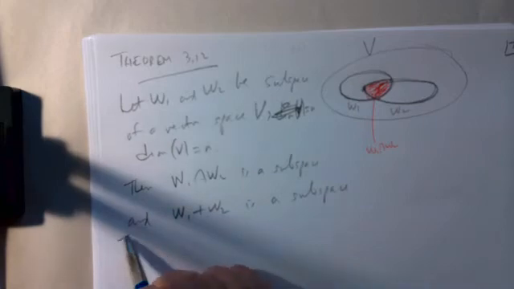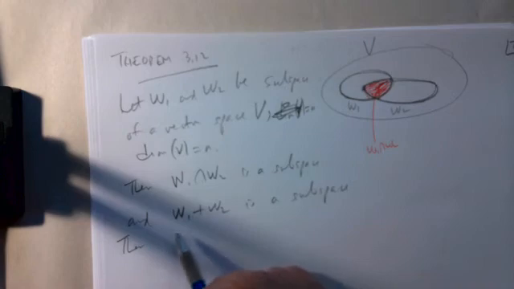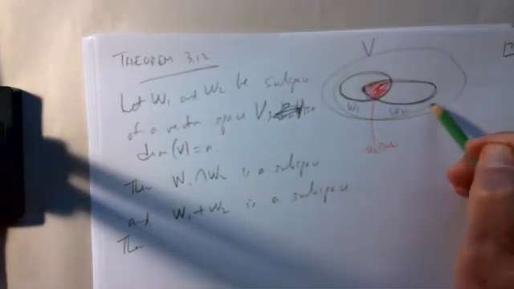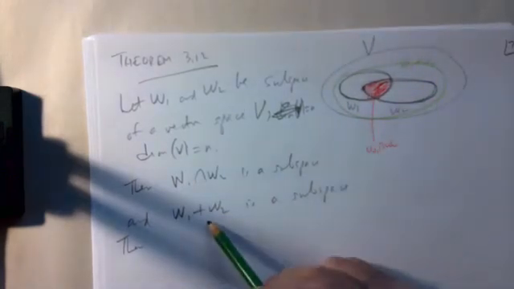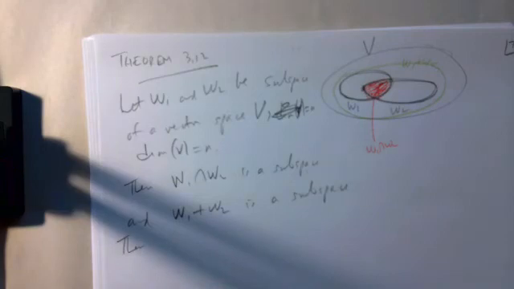So the theorem says that this big subspace, W1 plus W2, is going to be some subspace that contains both W1 and W2.